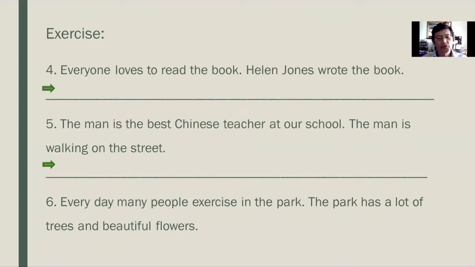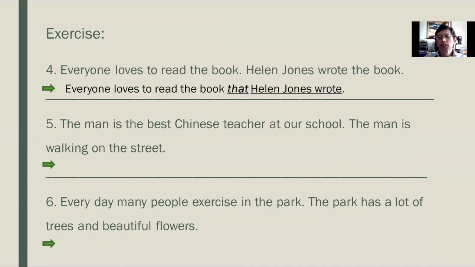Let's try some more exercises. Combine these two sentences into one using clauses. Everyone loves to read the book. Helen Jones wrote the book. These examples are easier than the last sentence, number 3. Everyone loves to read the book that Helen Jones wrote. What about number 5?